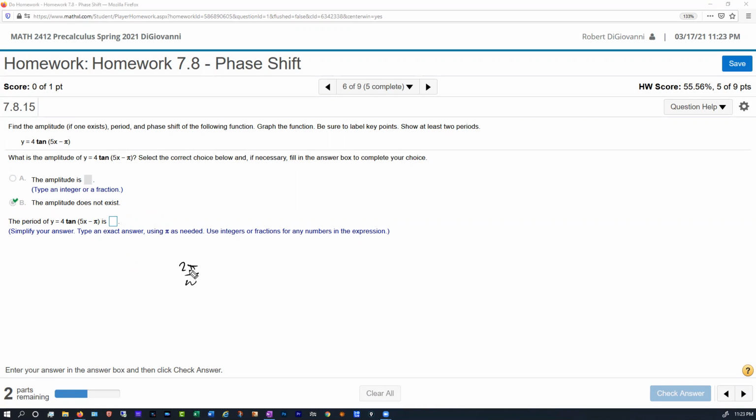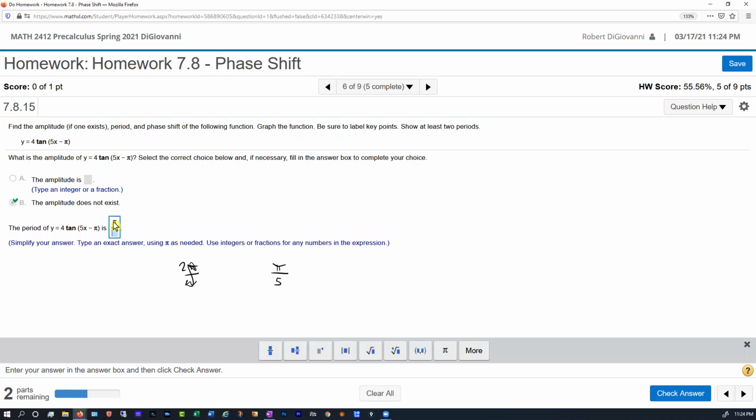Because it's a tangent function, we do pi over that omega. So pi over 5 would be our period. We divide pi by that 5 instead of 2 pi.